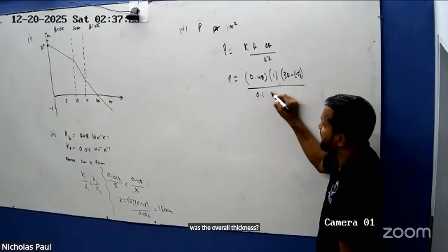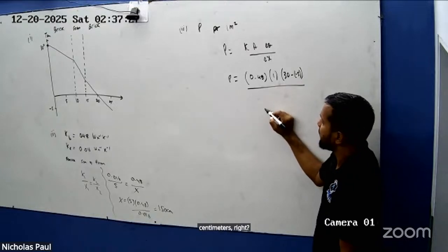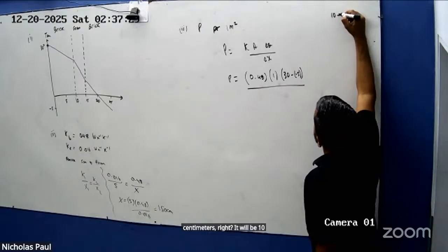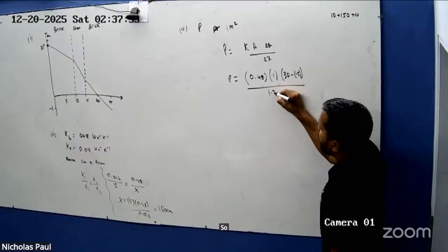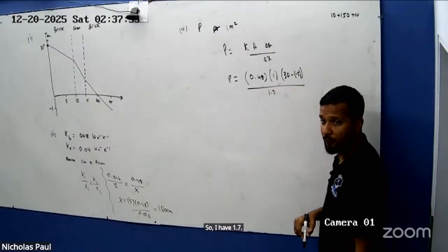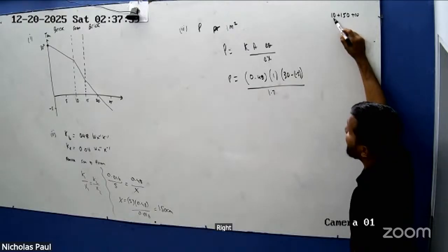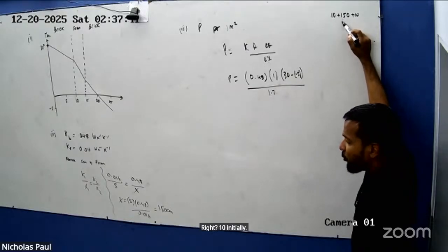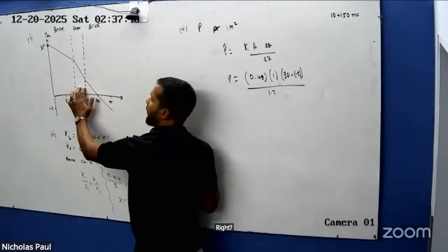It was 10 centimeters initially, I replace the foam with 150, and I have 10 again. So 10 plus 150 plus 10, which is 1.7 meters.